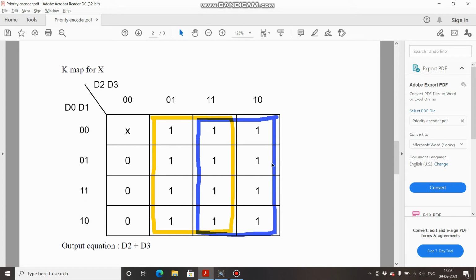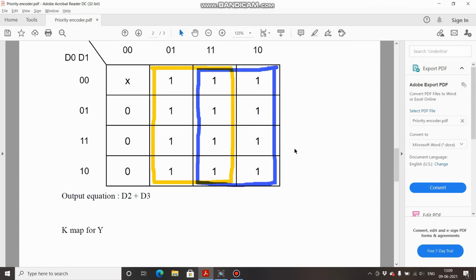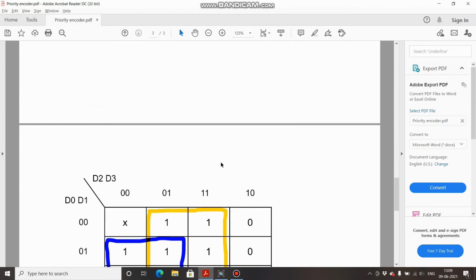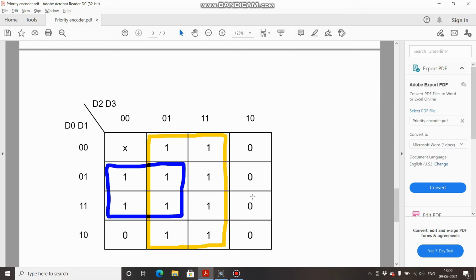For this blue colored pair, we can see that D0 and D1 are changing again, so we will ignore both of these. Between D2 and D3, D2 is the same for both cases and is equal to 1. So the final output equation is D2 plus D3. Now the equation for Y. This is the K-map and the pairing is done like this.